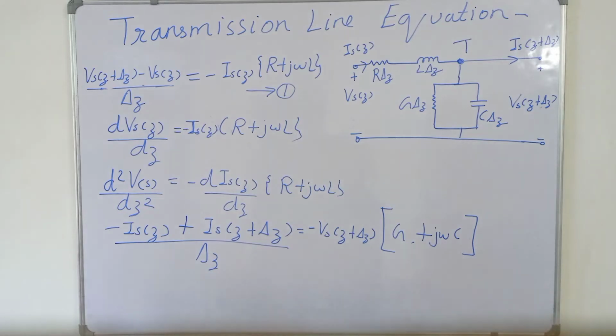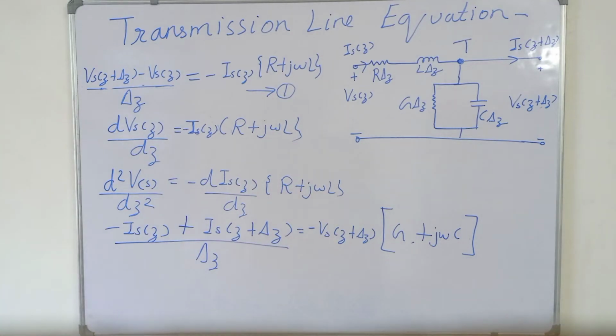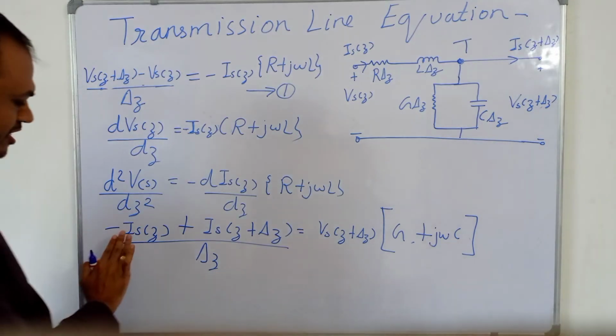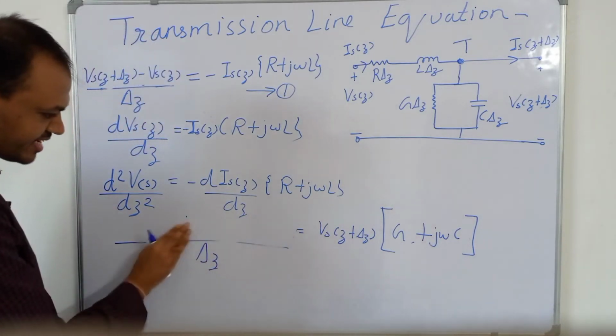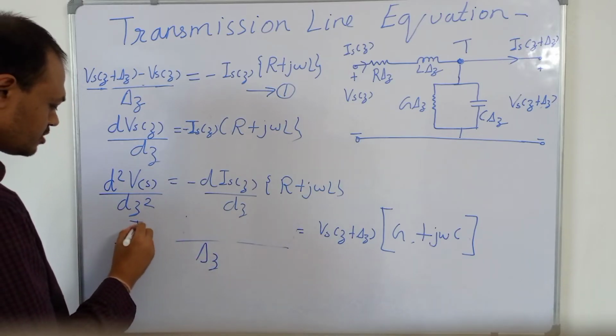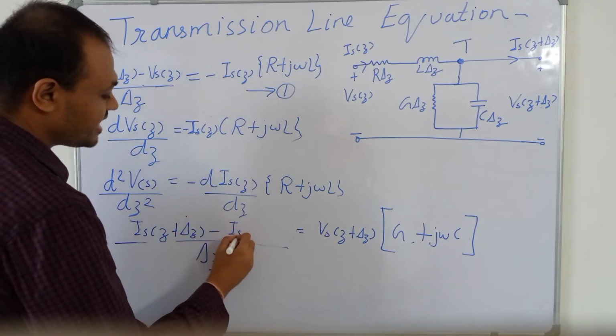So if we multiply by minus 1 on both the sides, sorry, this will be with plus sign only. Okay, so Vs of z plus delta z and G plus j omega C. And we can arrange these two terms also to look better: Is of z plus delta z minus Is of z.